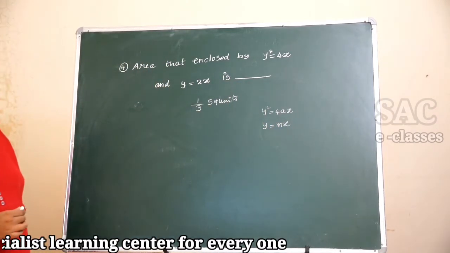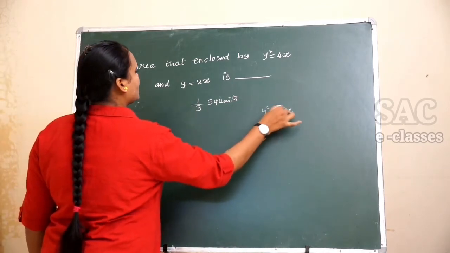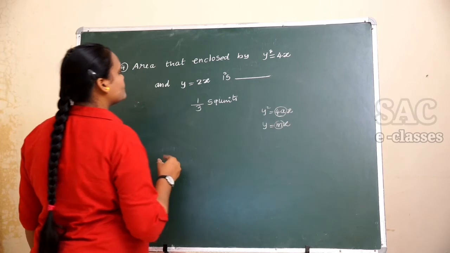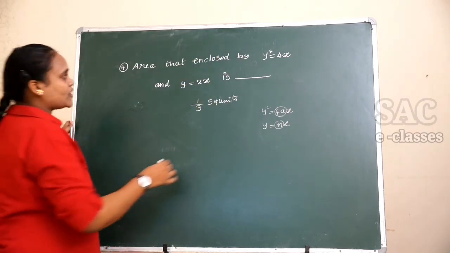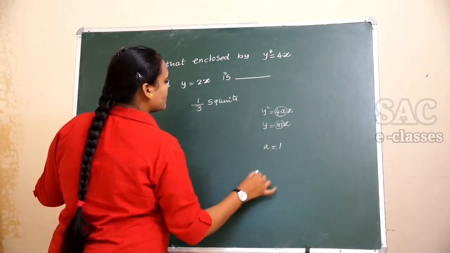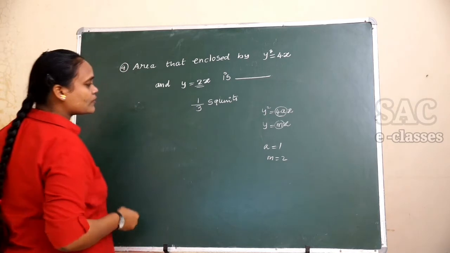To solve this kind of problem, we just have to find the a value and the m value. If you observe y² = 4x, the a value is 1, and in y = mx, the m value is 2.